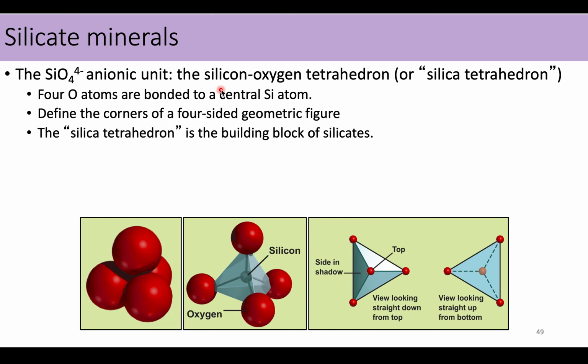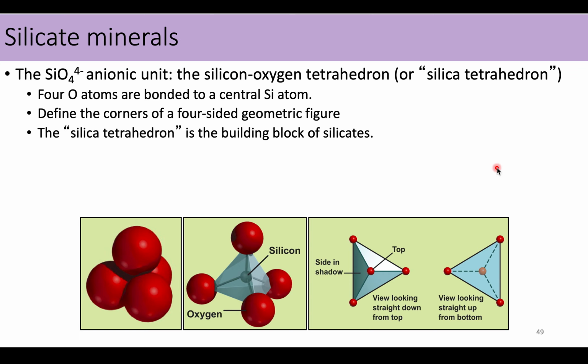Silicate minerals have what we call the silicate oxygen tetrahedron, or people just call it the silica tetrahedron. This is 4 oxygen atoms bonded to a silicon atom in the middle. So it's three-dimensional. There's a silicon in the middle, and there are 4 oxygens bonded around it. It can look sort of like a pyramid with a triangle base.